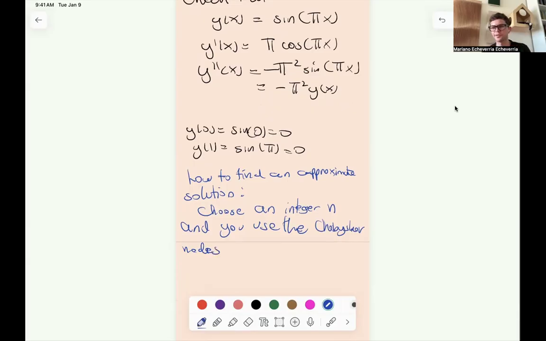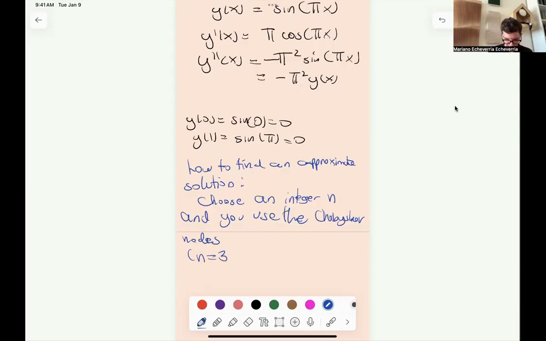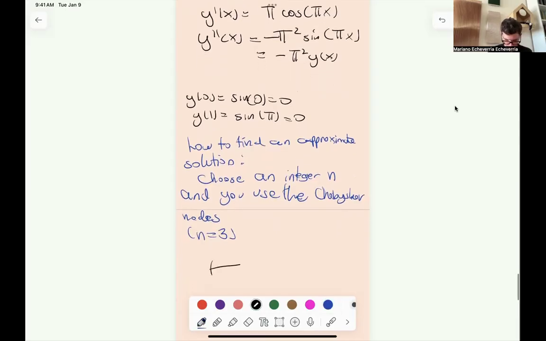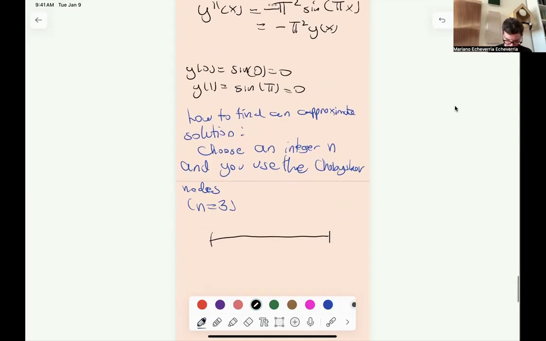So for example, if n equals 3, we already talked about those, right? For n equals 3, the nodes were -1, -1/2, 1/2, and 1, okay? And with those nodes, you can find the differentiation matrix.